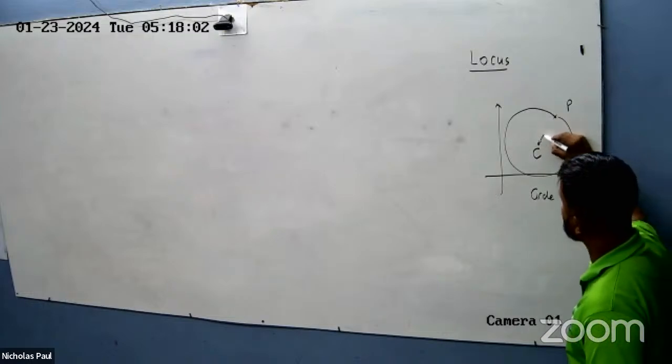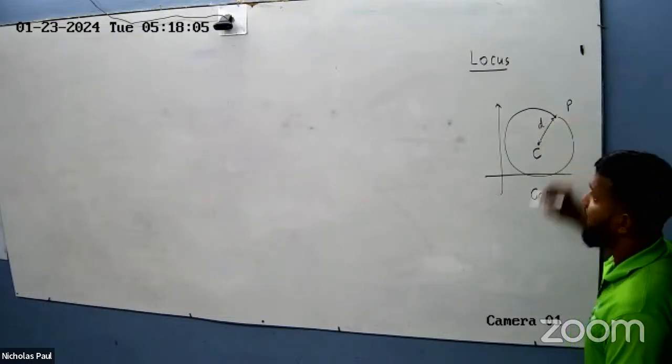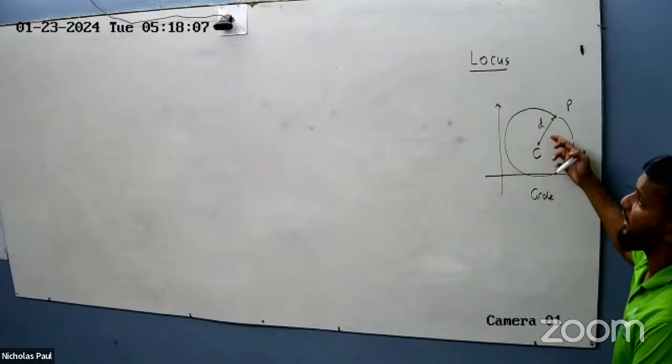Let's call that D. With center C and radius D.